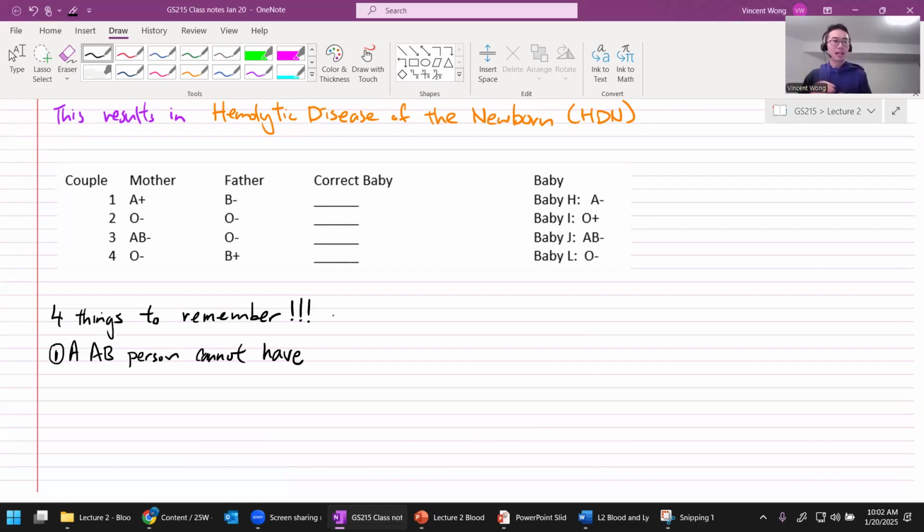What kind of blood type will you not be able to create for your kids? That's right. Cannot have type O kids. Because in order to have a type O baby, you have to pass on a little i, and if you're AB, you can't do that. You don't have a little i if you're AB.